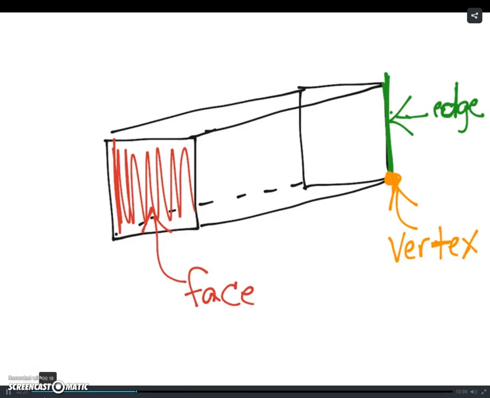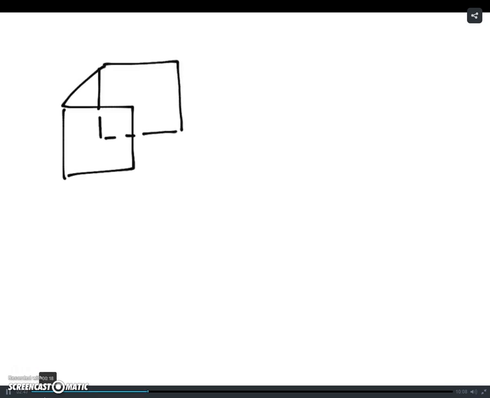Now we're going to talk about some specific polyhedron. And our first one is a prism. So we're going to start again with a square or a rectangular prism, and we connect all of our vertices here.